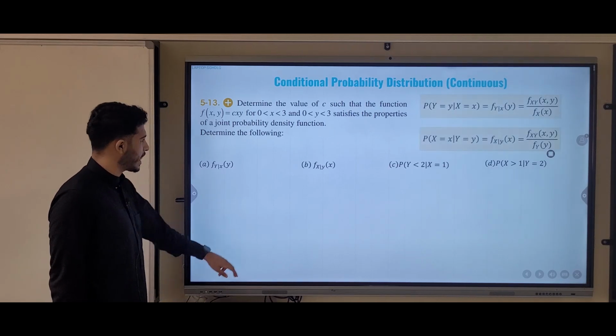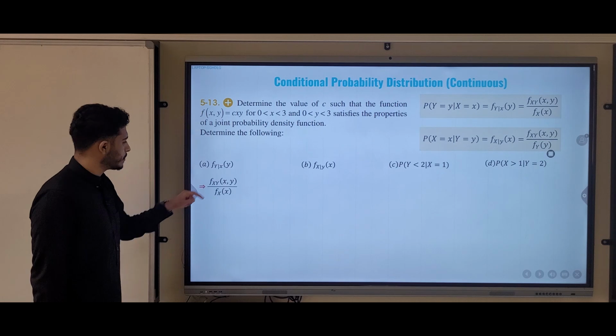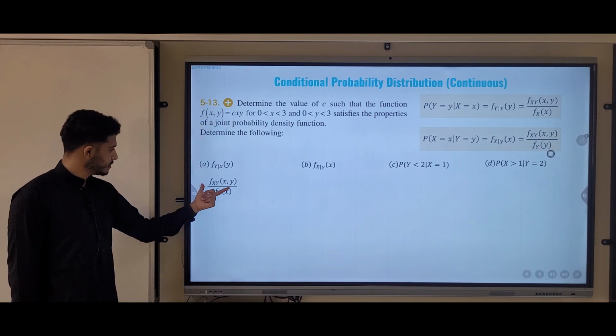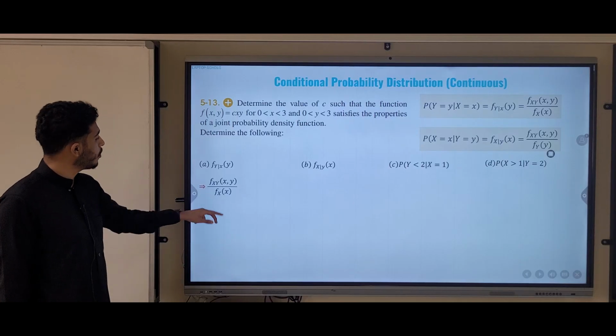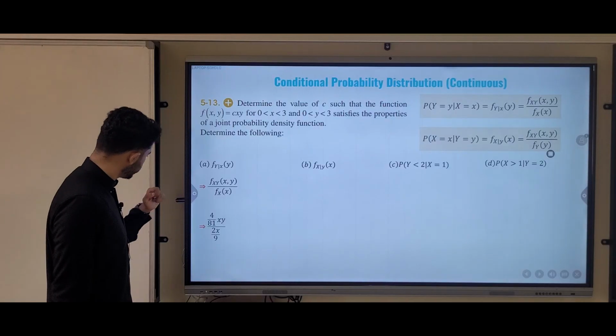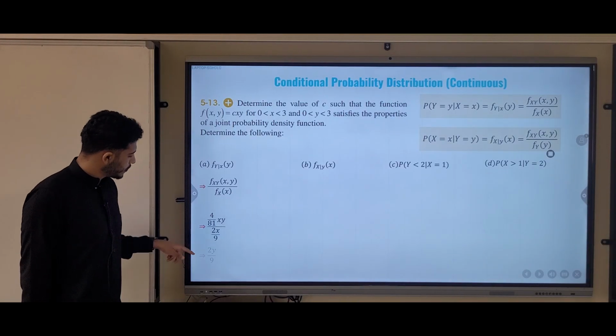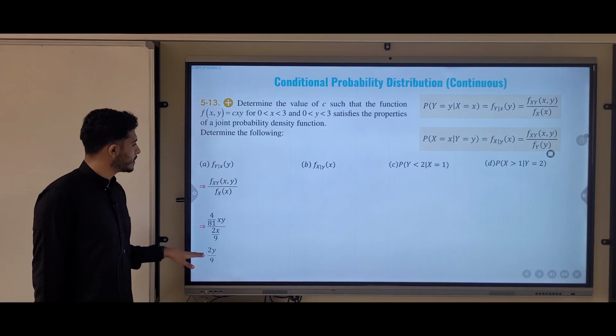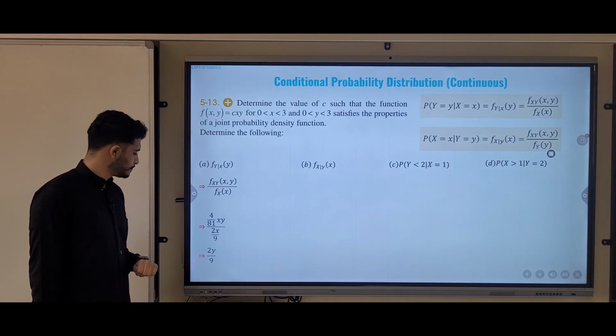So for the case where we have x as the given, we can just take this function here, the joint probability function, and divide by the marginal, which we already found in the previous slides. And this should give you the general function for the conditional probability of y given x.